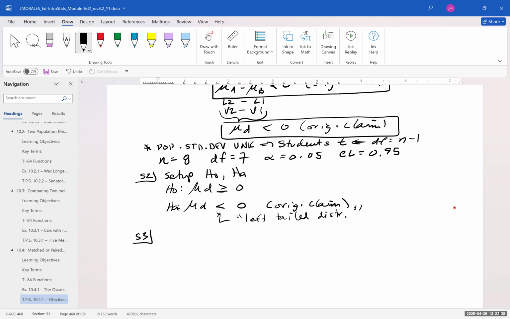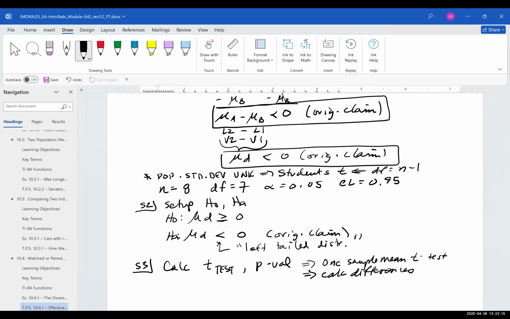Okay, step 3 is now to calculate our t-test statistic and our p-value. So for that, we're going to need a 1 sample mean t-test. All right, so in order to do this 1 sample mean t-test, we're going to have to calculate our differences.